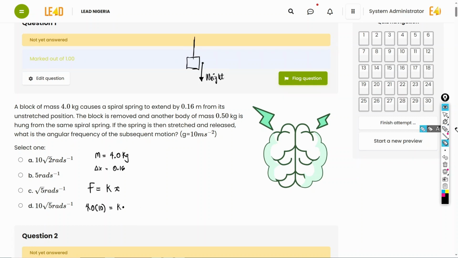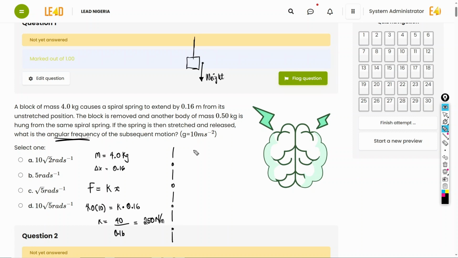I can replace that with 0.16, such that k will now equal 40 divided by 0.16, which is 250. So this is 250 newtons per meter. So now we have our force constant for the spring, so that we can now come back and answer the question for angular frequency.